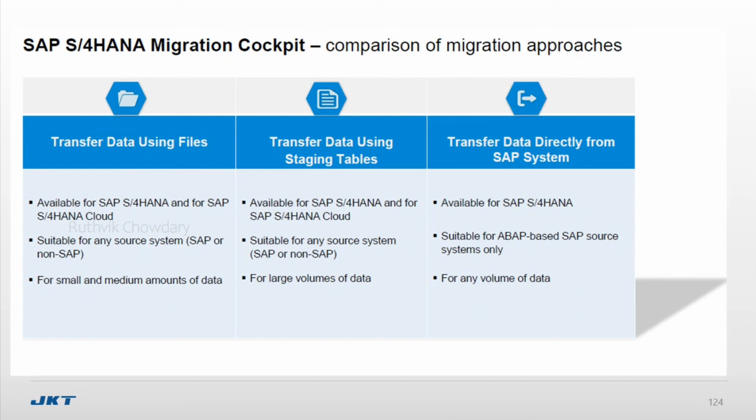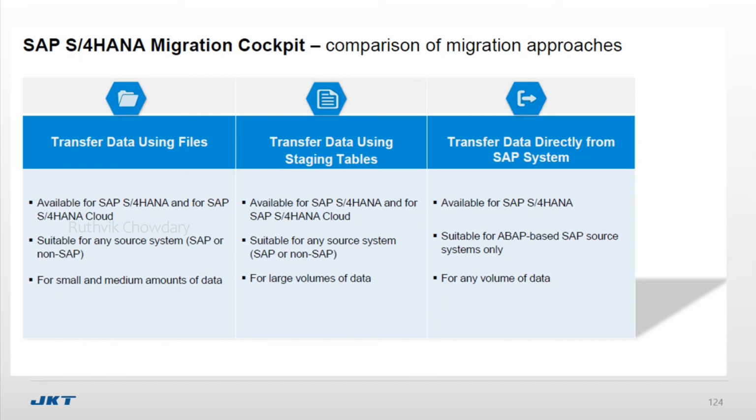For cloud, it is not suitable. And the same staging table and Excel file option you can use while migrating or converting, or doing a new implementation, from an SAP system or non-SAP system. So both systems it can support.